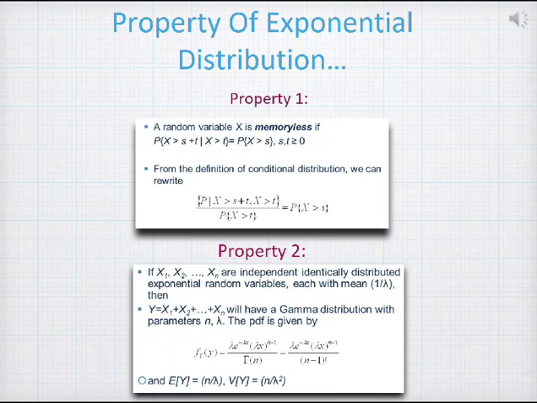The PDF is given by f(y) = lambda e^(-lambda x) (lambda x)^(n-1) upon (n-1) factorial. E(y) is equal to n/lambda, V(y) is equal to n/lambda square.